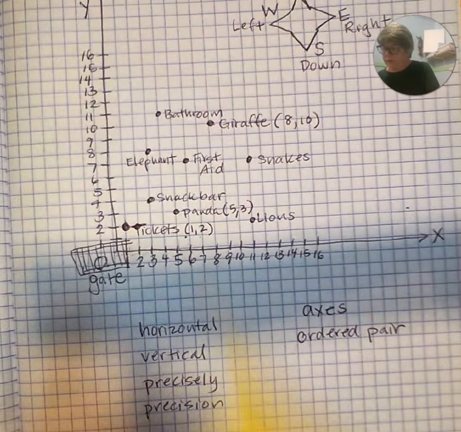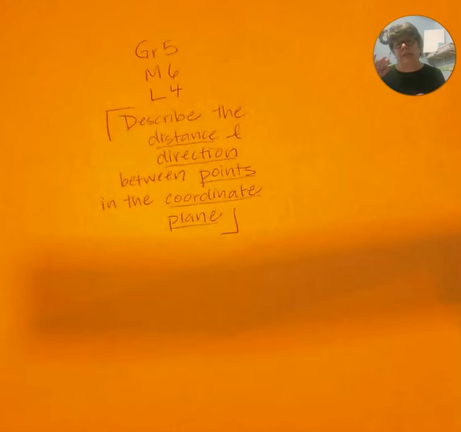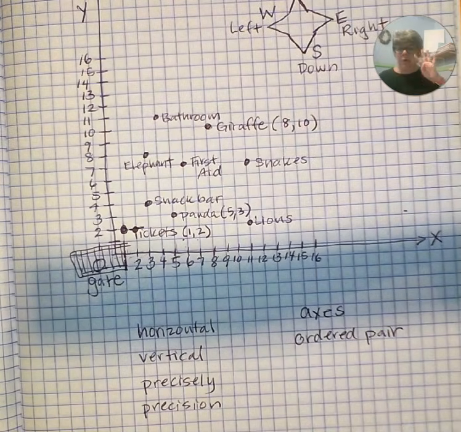Sorry, I forgot to show you your lesson page. Describe the distance and direction between points in the coordinate plane. So we're going to be looking at distance to the right, to the left, up and down, between points, and distance and direction. Okay, so that's what we're working on today in lesson 4.